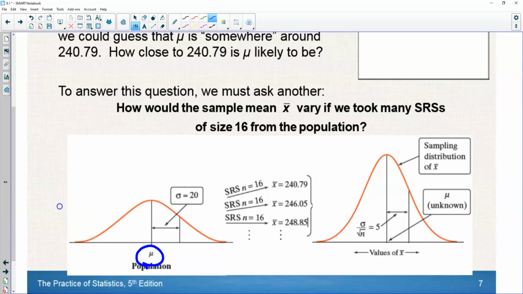Before, the standard deviation was 20, but since we're taking samples of 16, our standard deviation is now going to be 5, which means our sampling distribution is more normal, more condensed towards that center. And we know we would have variability, so we have all these different x bar examples from each size 16.